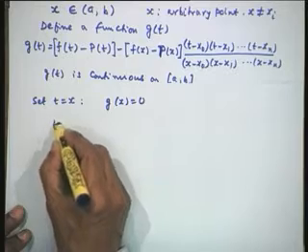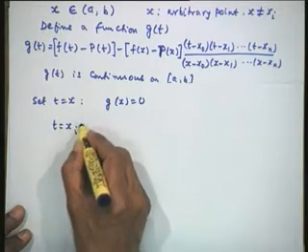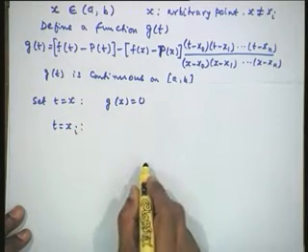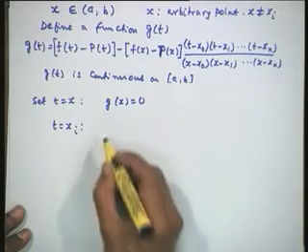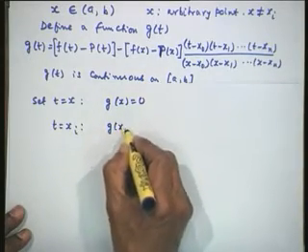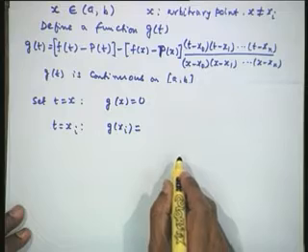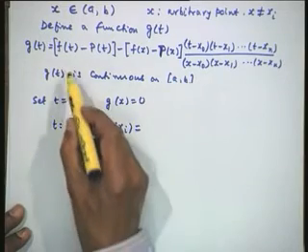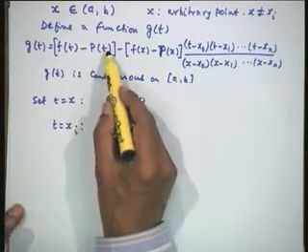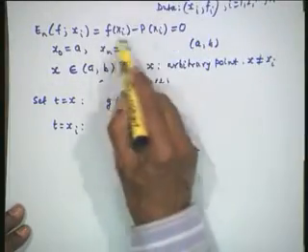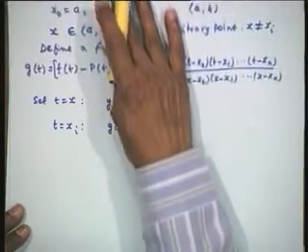Now, let us set t equal to x_i, that is our points x_0, x_1, x_2, ..., x_n. Then g at x_i is equal to f at x_i minus p at x_i, that is equal to 0 by definition, that is our f(x_i) minus p(x_i) is 0.